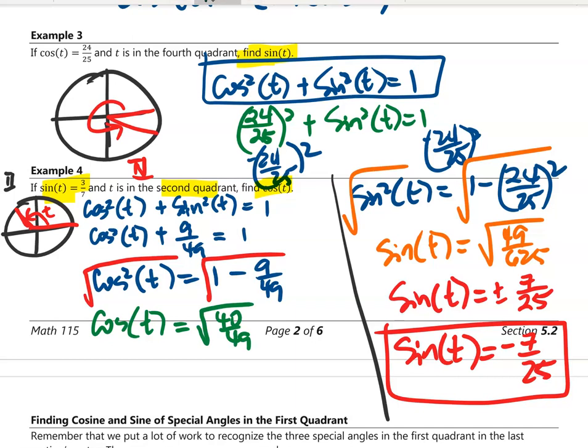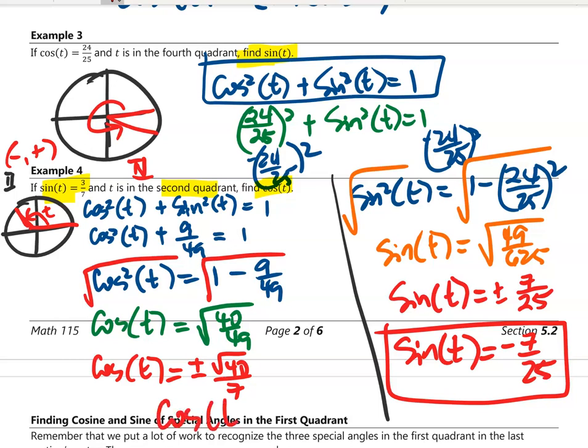So cosine of t is plus or minus square root of 40, and the square root of 49 is 7. And since it's in quadrant 2, cosine, which is the x value, is negative, since in quadrant 2 x is negative and y is positive. So the answer is cosine of t is equal to negative square root of 40 over 7.